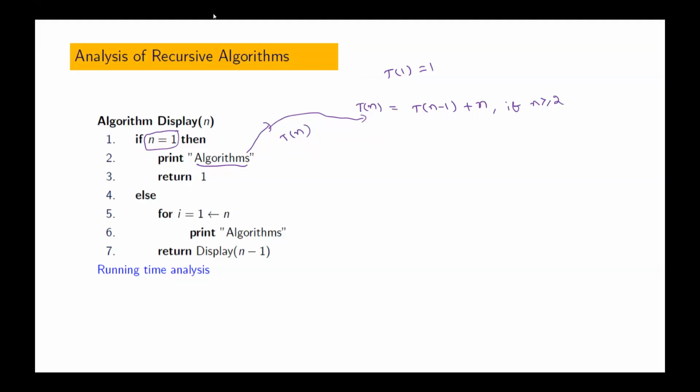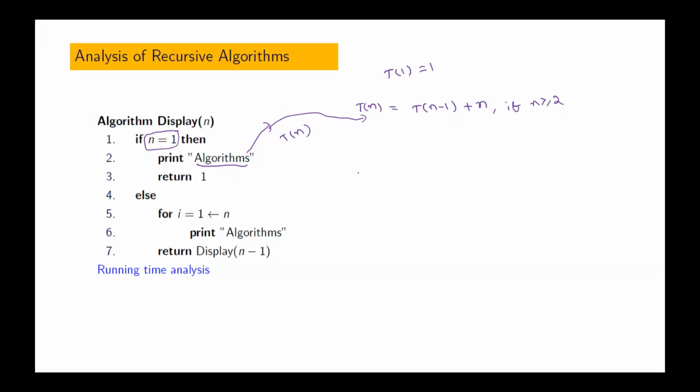Even if we consider n equal to 1, how does it come? Sir, you said if we consider n equal to 1, we can place T of n minus 1 plus 1, right? See, in that case also we focus on the operation count.